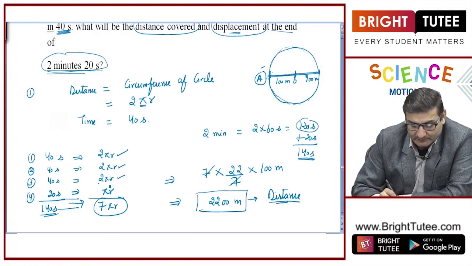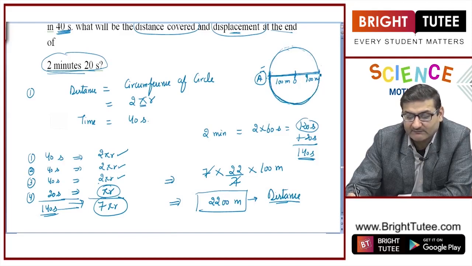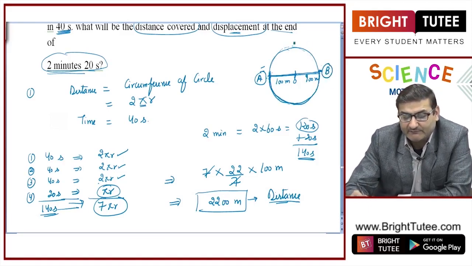Now, in the next 20 seconds, from A, this athlete is able to cover half of the circumference. That means, after 20 seconds, he will be, let us say, at this point B, completing 3 full turns, and the fourth is the half turn, right.